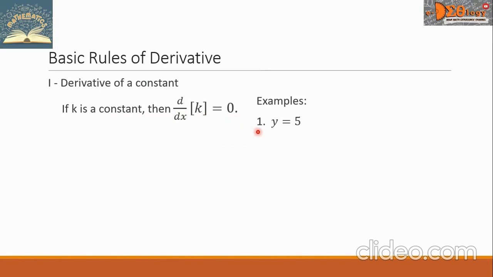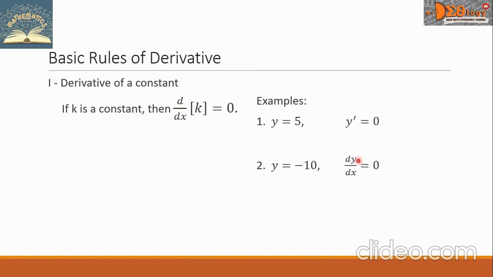This is example 1. Y equals 5. So we have y prime equals 0. Second example, y equals negative 10. This is another constant, so we say that dy over dx equals 0.